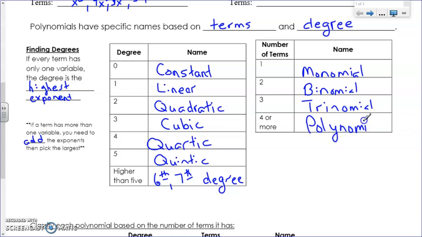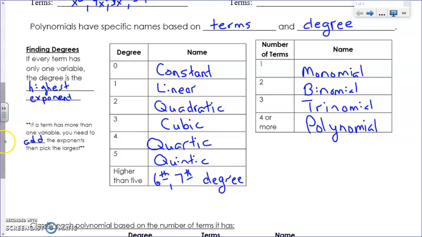Well, they're all polynomials. 1, 2, and 3 just have special names. Just like if you go to the store to buy an apple, they're all apples. But then we have the Granny Smith apple, we have the red apple, we have the Rome apple, we have the Pink Lady apple. Does that make sense? So these are all polynomials, but 1 term has a special name called a monomial. 2 binomial, 3 trinomial, and they just don't have special names after that. They're all polynomials, though. Does that make sense?